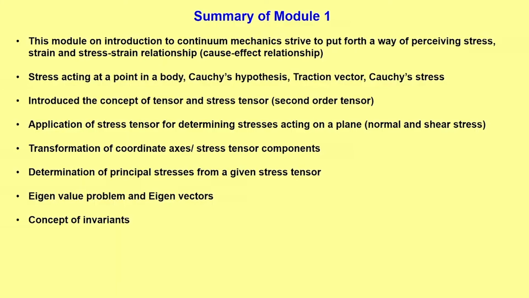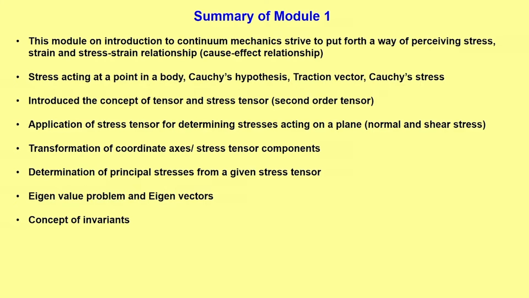By solving the matrix equation, the characteristic equation, you get the normal vector, and the normal vectors arranged in a matrix form give the direction cosine matrix for transforming the given set of stress components to a given axis.